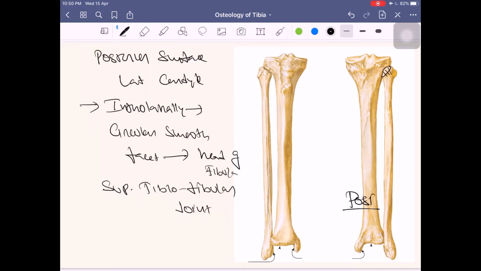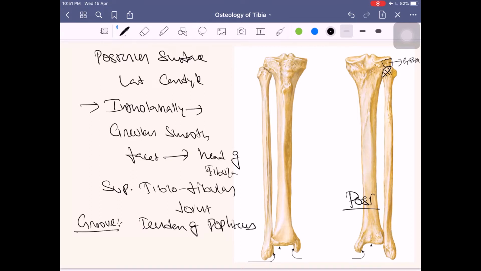Between the articular facet for the fibula and the margin of the superior surface, there is a shallow groove. Here we are not able to make out the groove, but in between these two there is a groove. This groove, present between the facet and the margin, is the groove for the tendon of Popliteus.